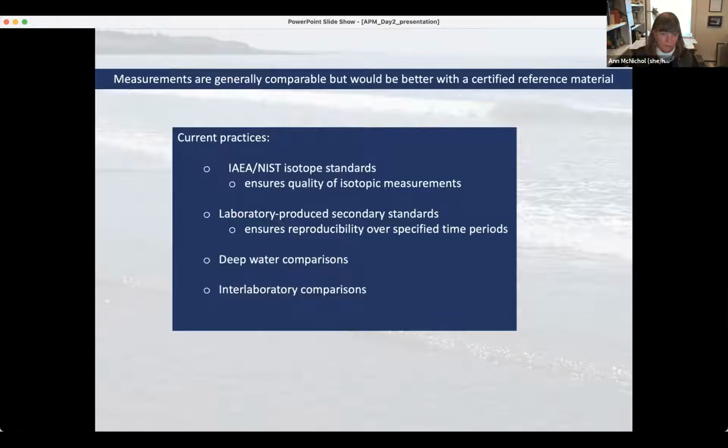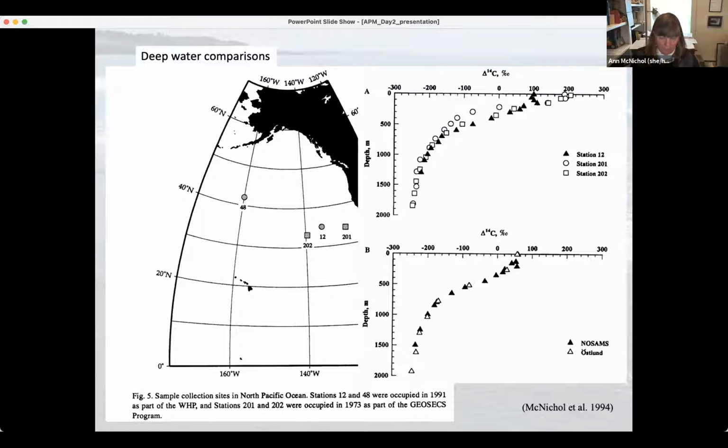So with respect to carbon 14, early on in NOSAMS history, as the WHOI program was gearing up, the only way we could ensure that the radiocarbon results were comparable was to look at deep water in the Pacific. The stations listed here are shown on this map of the Pacific. Most of the results came from the Northeast Pacific.